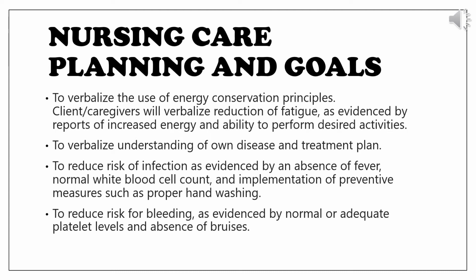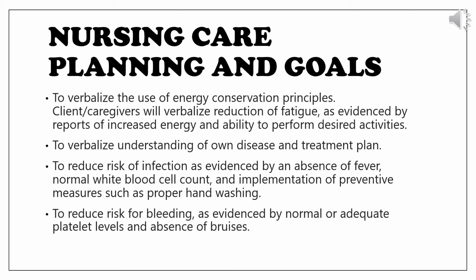Next are the planning and goals for improving iron deficiency anemia. First one is to verbalize the use of energy conservation measures. Second, to verbalize the reduction of fatigue as evidenced by reports of increased energy and ability to perform the desired activity.